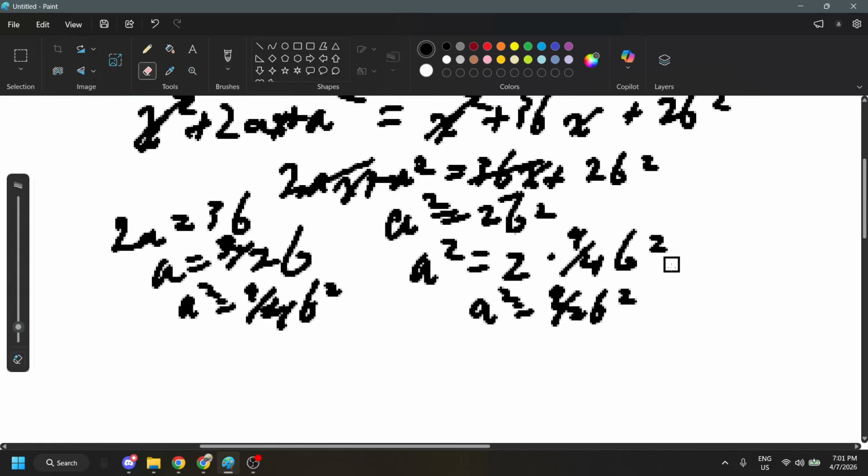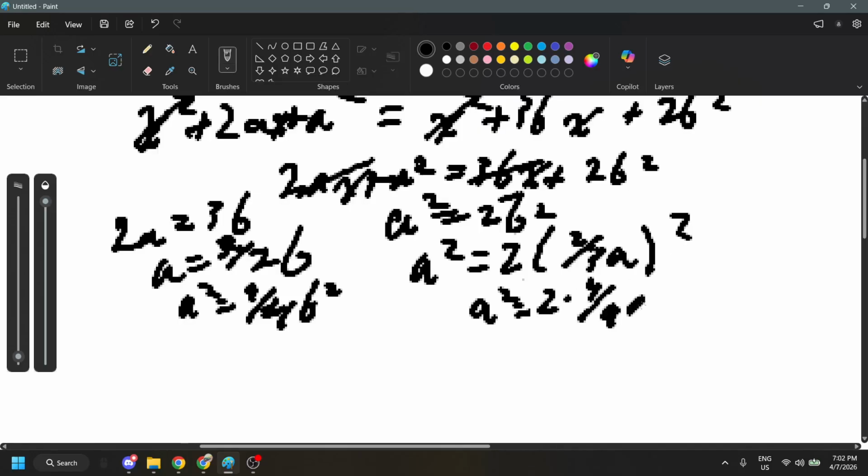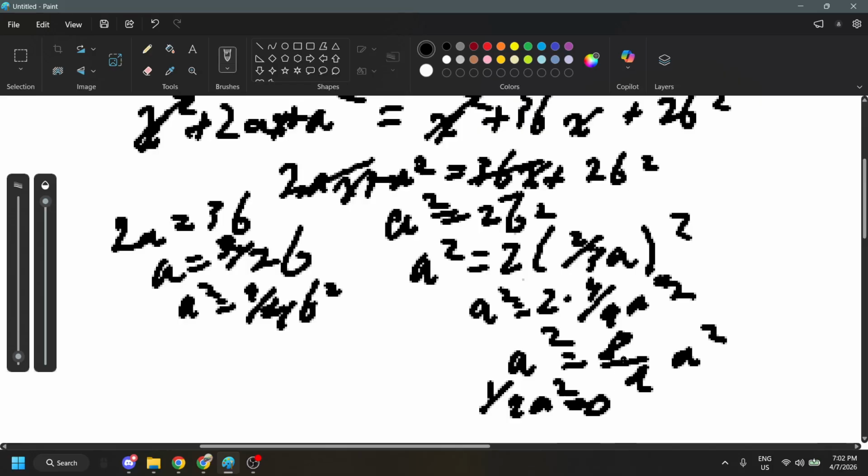A squared. Bro. A squared is equal to 2 times 2 over 3a squared. So it's equal to 2 times 4 over 9a squared. So a squared is equal to 8 over 9a squared, and I see an 8, maybe that can come in handy. So 1 over 9a squared is equal to 0.